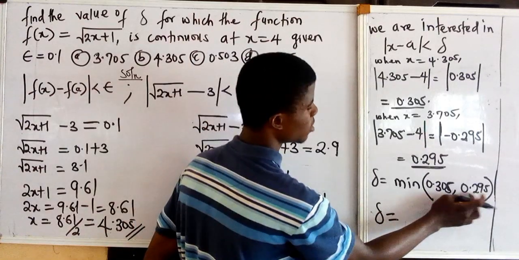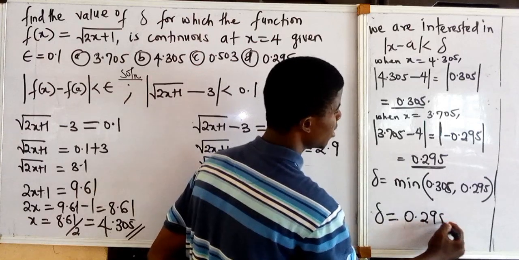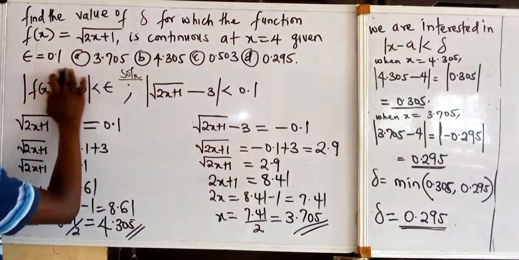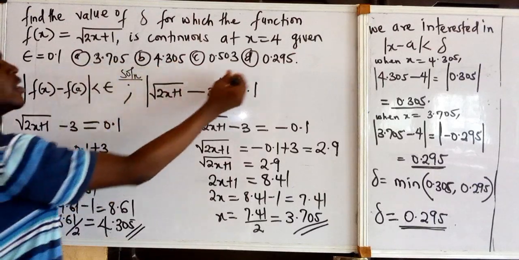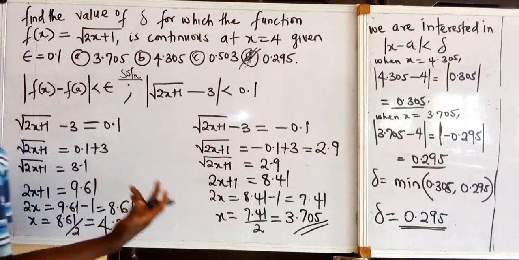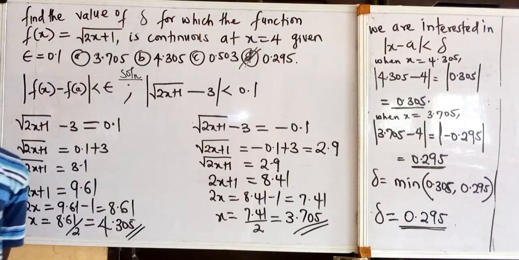The minimum of these two numbers is 0.295. So this is the value of delta. And in that very year this question was asked, it was option D as the correct answer. So this is actually the solution to this problem of limits under real analysis math 212.